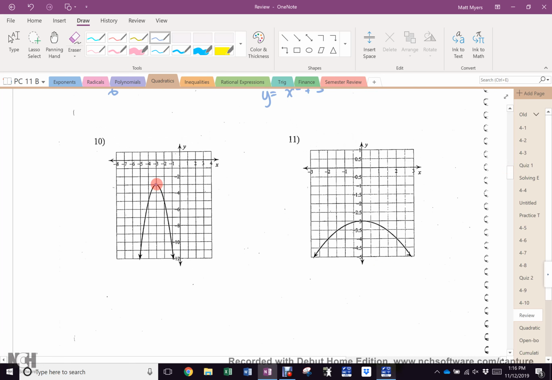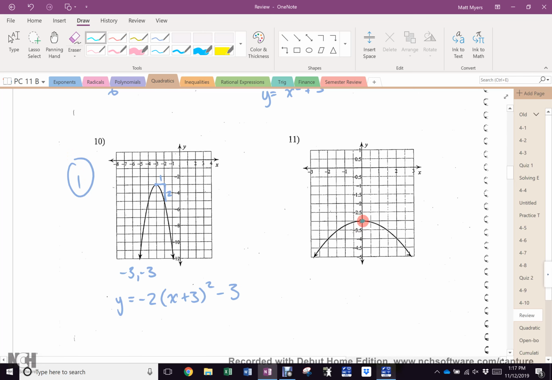Vertex here is negative 3, negative 3. I went over 1 and I went down 2, which means it is y equals negative 2(x plus 3) squared minus 3 for 1 there.